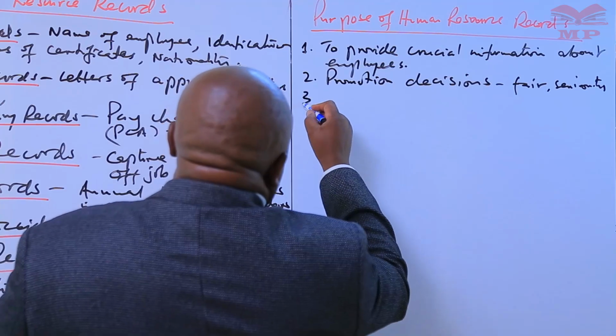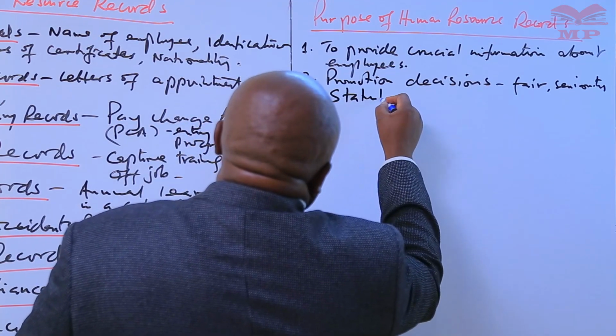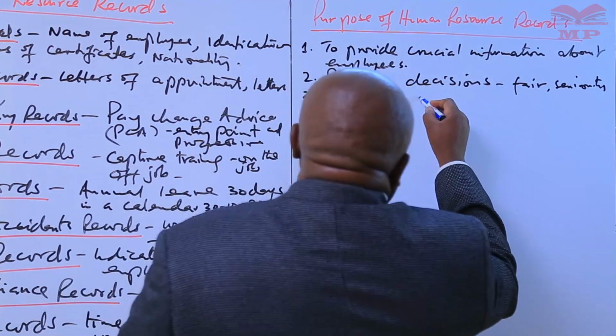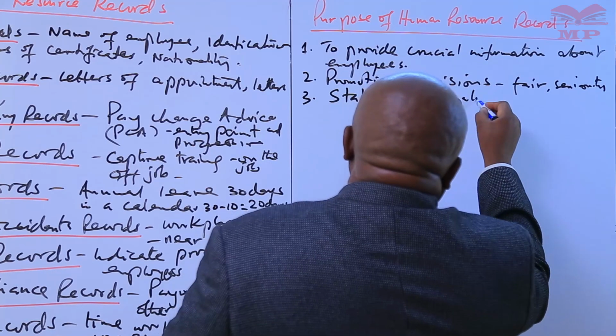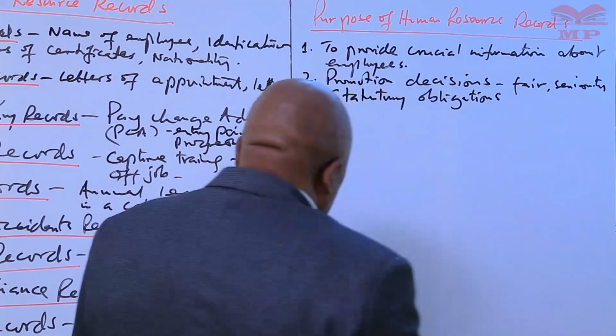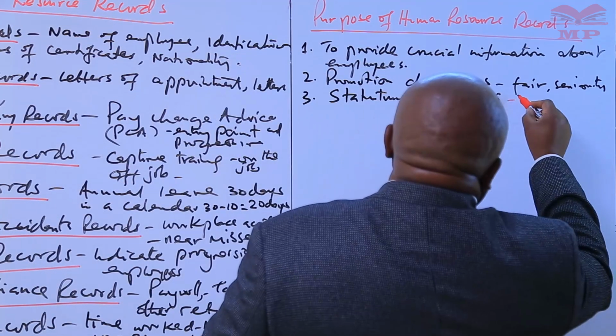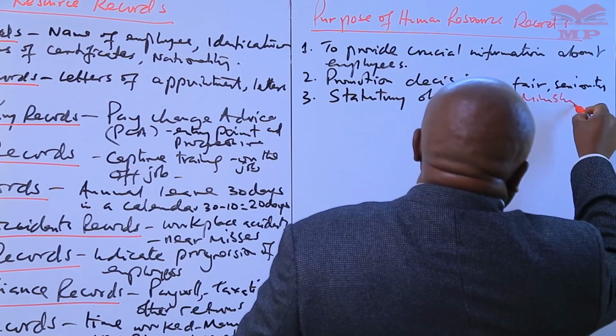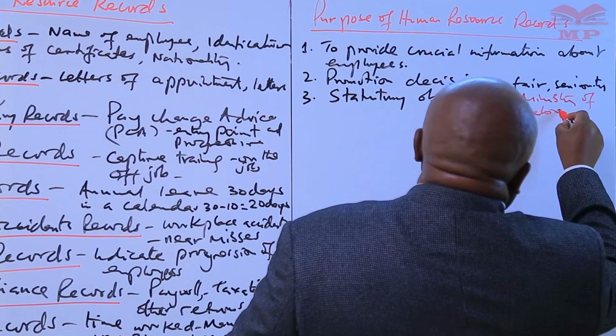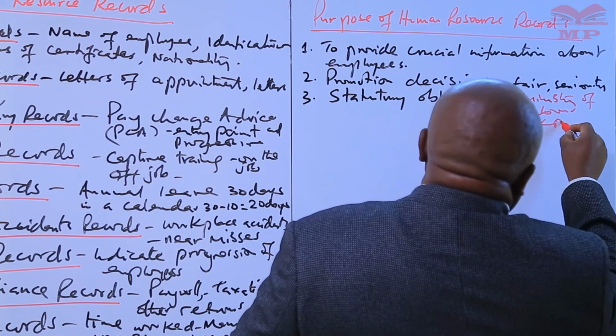Then we have also indicated statutory obligations. Now, as you will notice, you may have inspectors, maybe from Ministry of Labor, or Kenya Revenue Authority, for example.